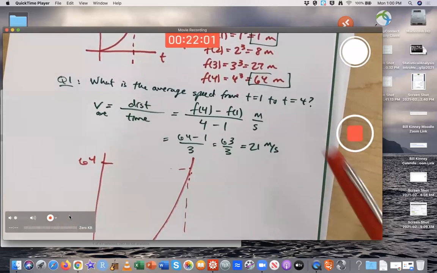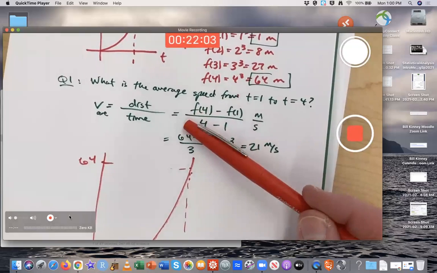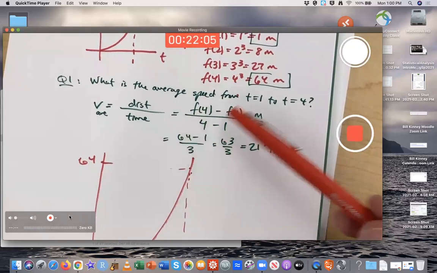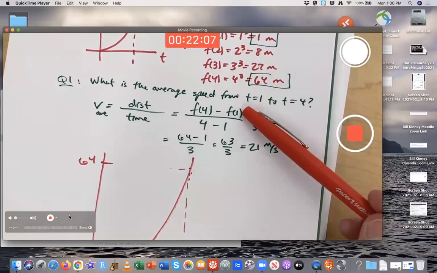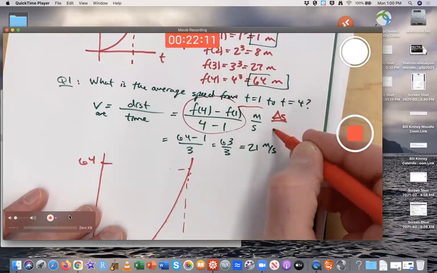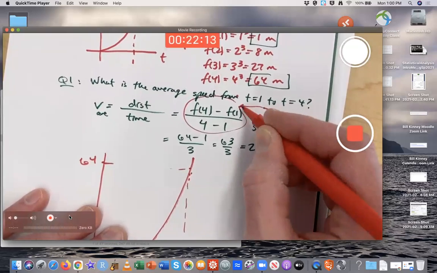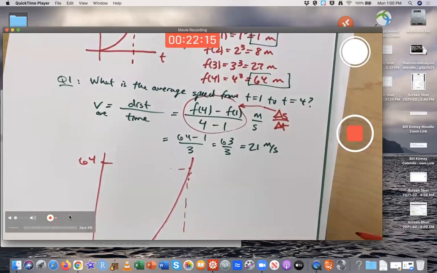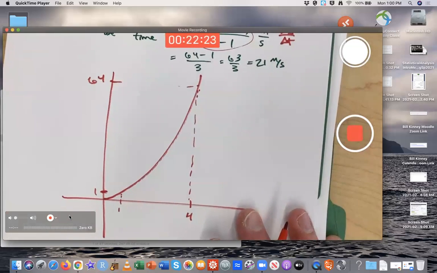Distance divided by time is really a change in S divided by a change in T. This is a delta S divided by a delta T. It's really a rise over run, a slope of some line. Do you think you could draw what line this is the slope of?